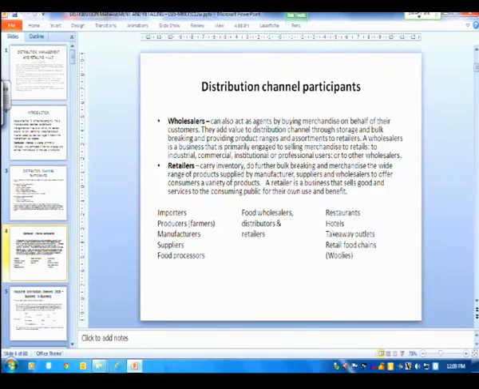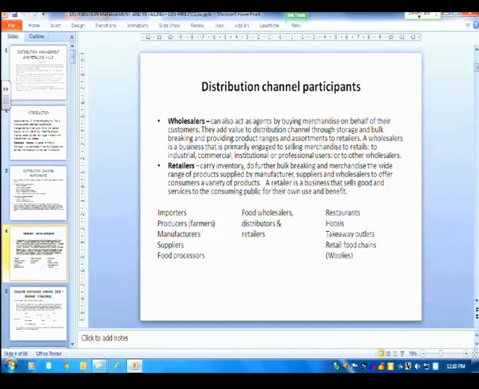Distribution channel participants. Wholesalers. Wholesalers can also act as agents by buying merchandise on behalf of their customers. They add value to the distribution channel through storage and bulk breaking and providing product ranges and assortments to retailers.